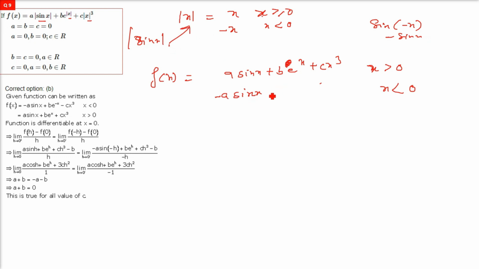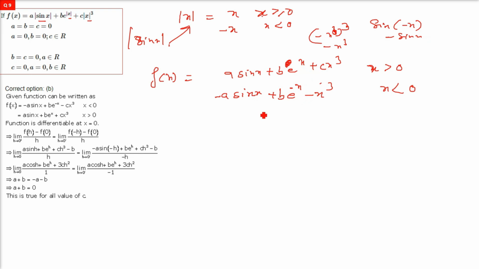So it will be minus a sin x plus b into e raised to the power negative x, and then minus c x cube, because x cube is an odd power, so the negative of it will always be negative. Please remember, I just missed c; you just assume that there is c.